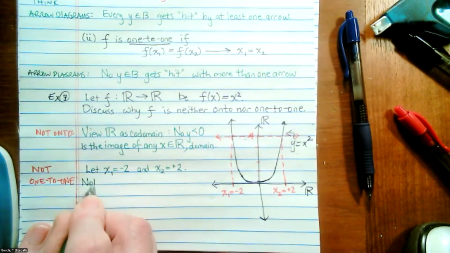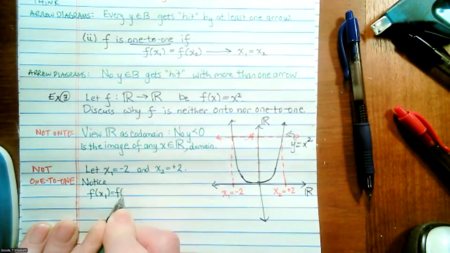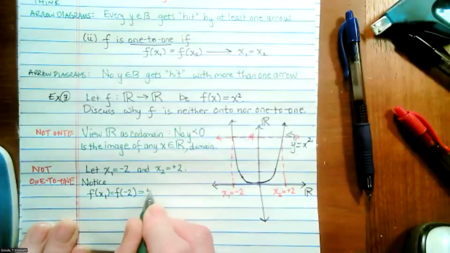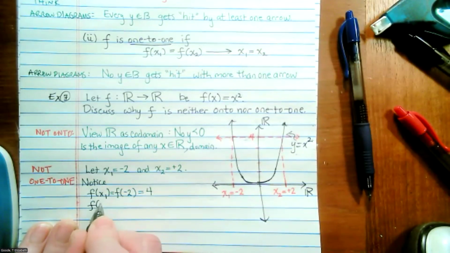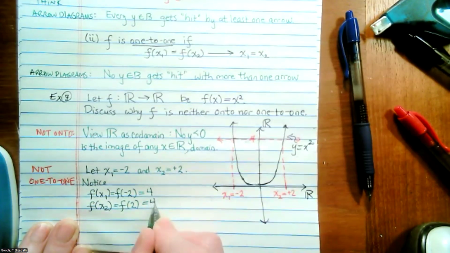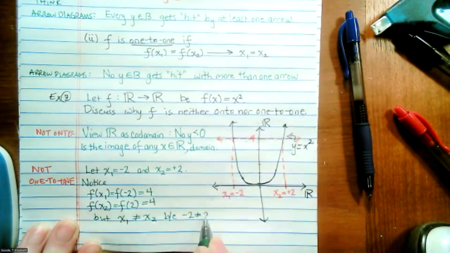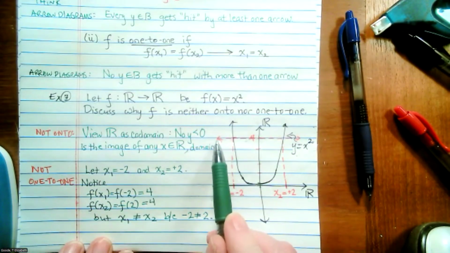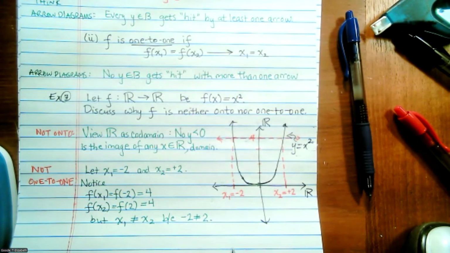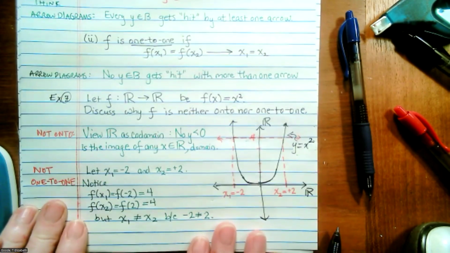So let's notice that f of x1, which is f of -2, is equal to 4. And f of x2, which is f of 2, is also equal to 4. But x1 is not equal to x2 because -2 is not equal to 2. So we've got a failure of the horizontal line test with this nice classic function that's neither one-to-one nor onto.